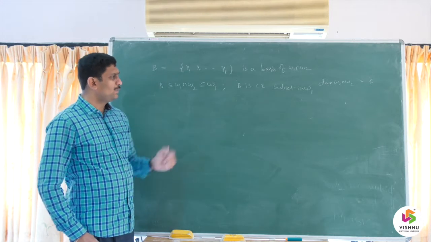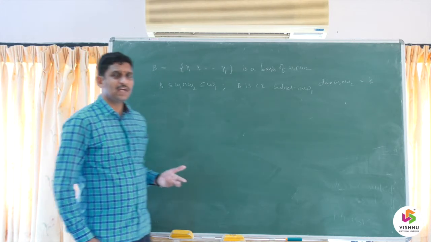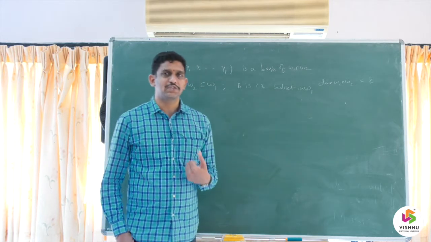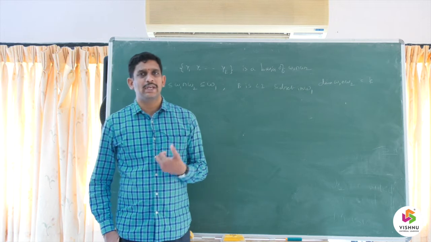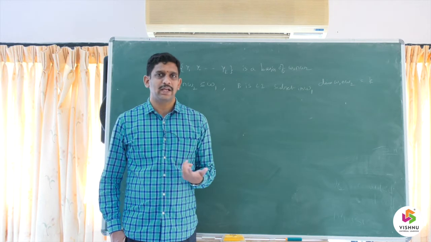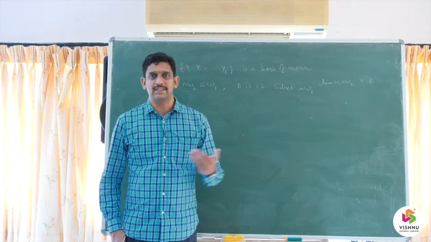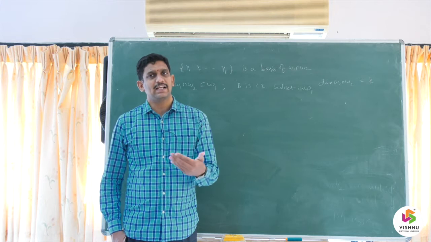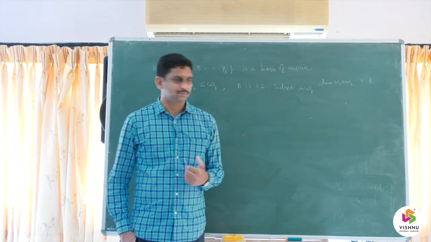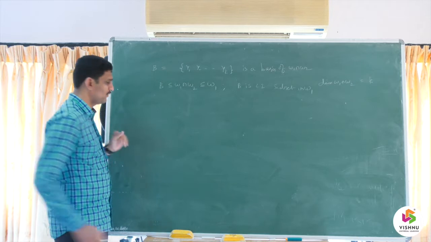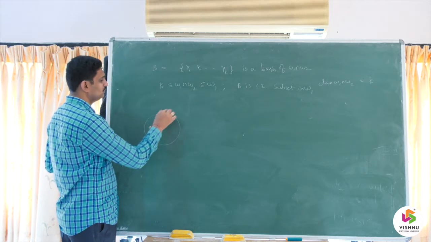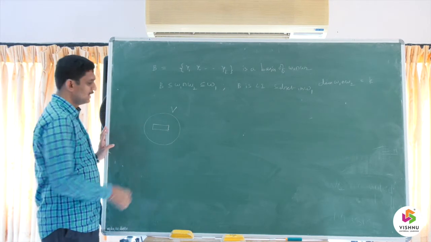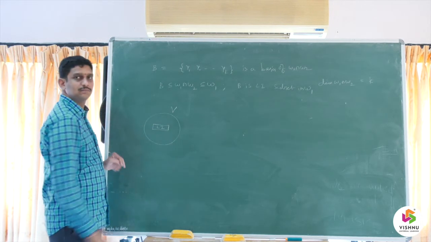In the previous classes, we have discussed the most important one, which is the basis extension theorem. What it says to us is, whenever we have a linearly independent subset, then it may be a basis, or by adding some more vectors to it, you can calculate a basis for that. Again, I will draw a picture for that. Suppose we have a set, say V. In this, I have taken a linearly independent subset.